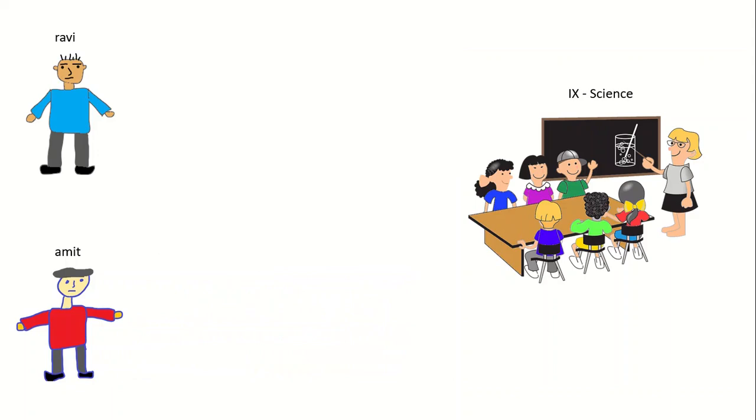Suddenly, one by one all the students raise their hands and ask for their marks in the science subject, and one by one the teacher gives the answer to all the students. This event is observed by the two, Ravi and Amit, and they collect the information in their brains.